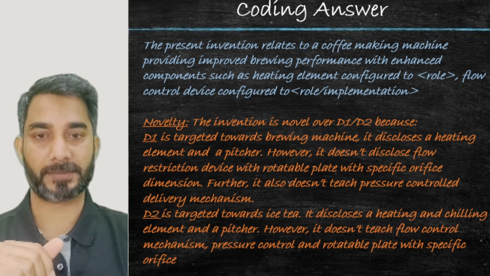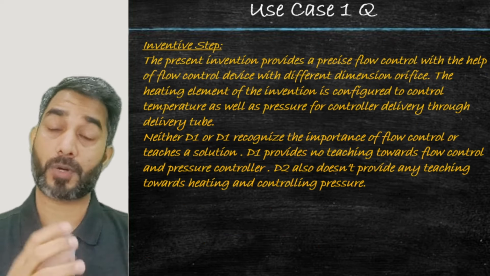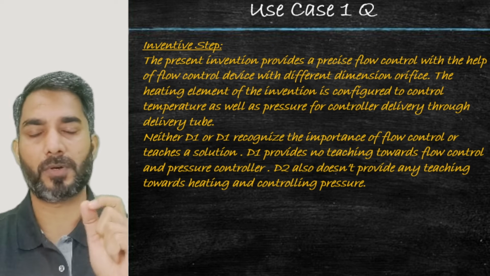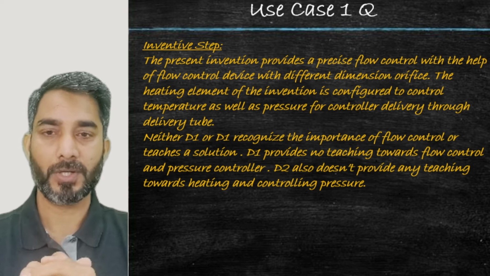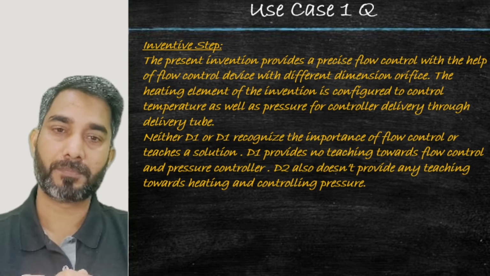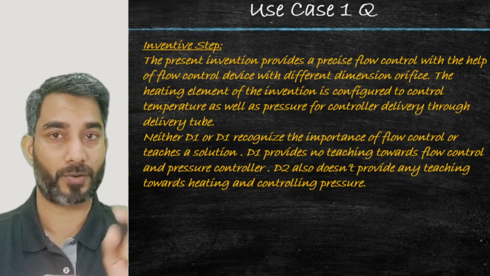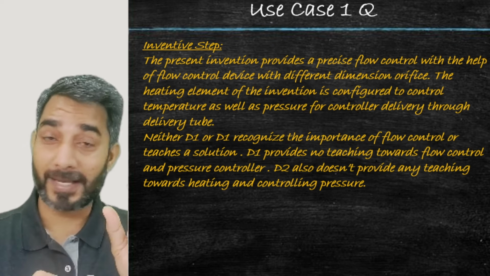We go like this. Here again we start by talking about our invention and the problem, or let's say any specific technical advancement that our invention has given us. So the way I would write here is: the present invention provides a precise flow control, because they talk a lot about flow control, isn't it? And how are they doing it?